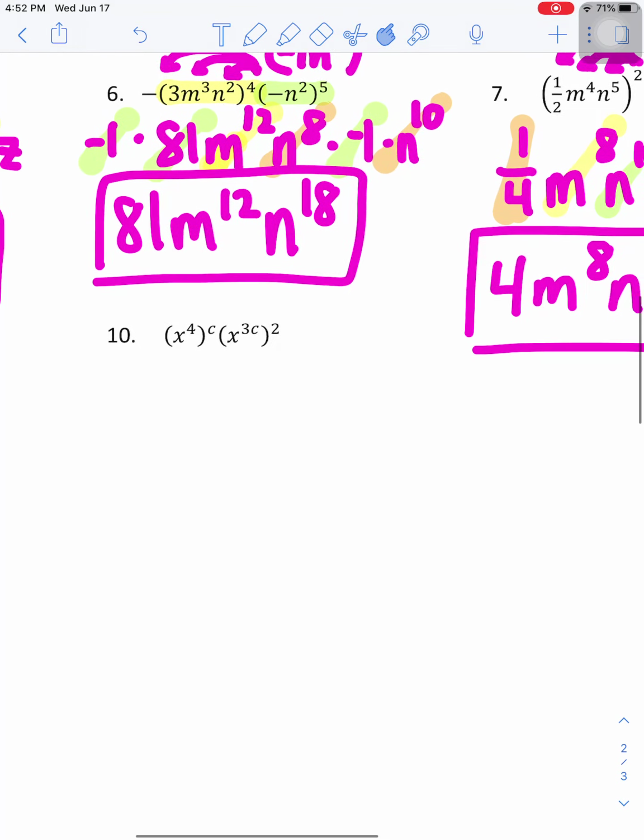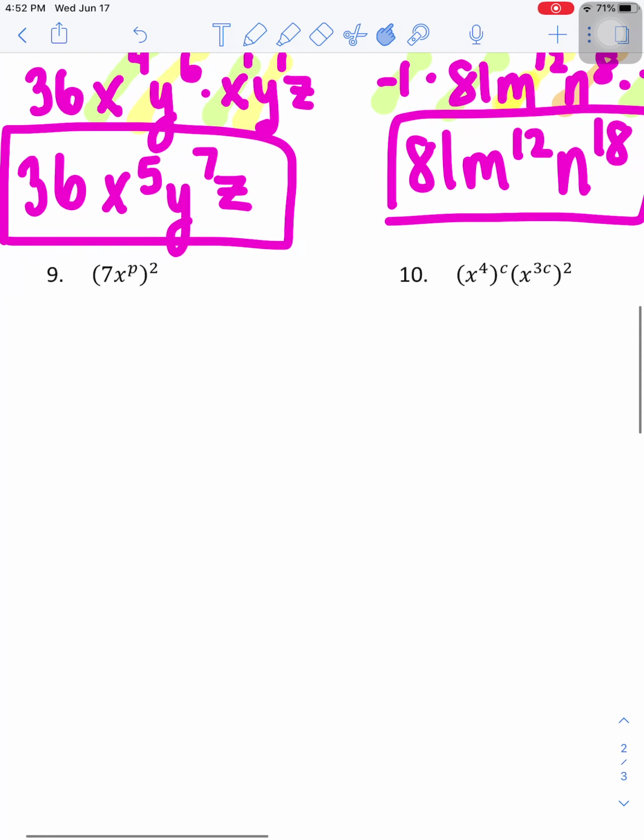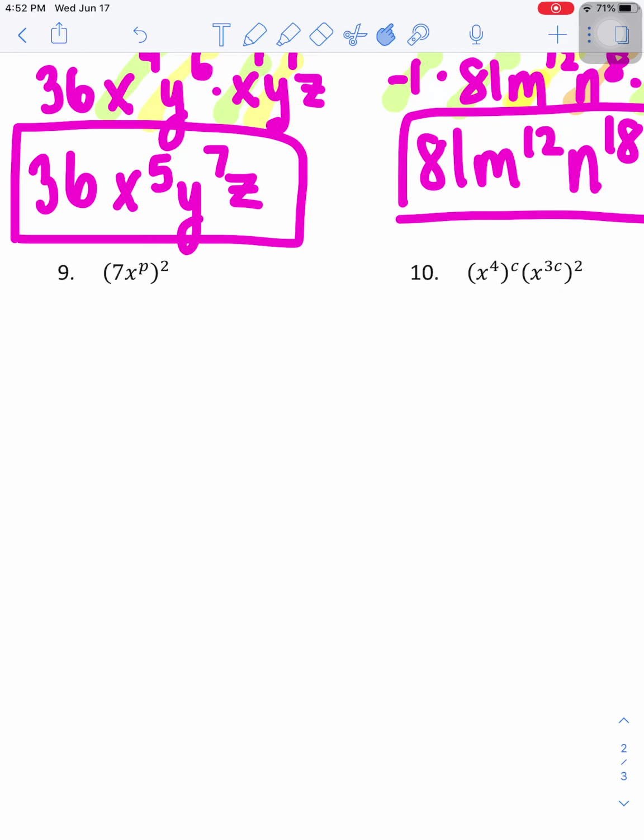All right, our last 2 problems are conceptual problems. So again, these are very similar to that one we did in the product rule section. They're a little bit more abstract because you have a variable in there. But again, just keep to the rule. What does the rule tell us to do? So in the first one, we have 7x to the p power, and that is all raised to the second.